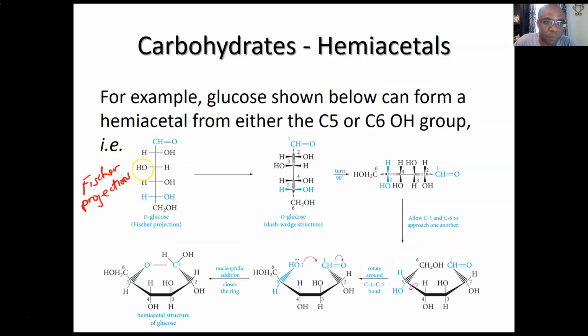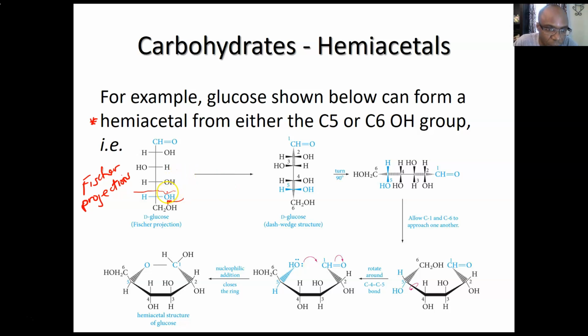Okay, so the Fischer projection would cyclize. It's like a tail attacking the head. So which OH do we use to make a hemiacetal? Again, it's gonna be the OH that you're trying to classify as D and L. That's gonna be used, that OH.